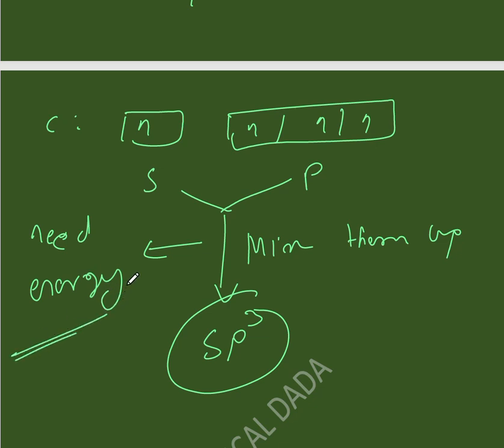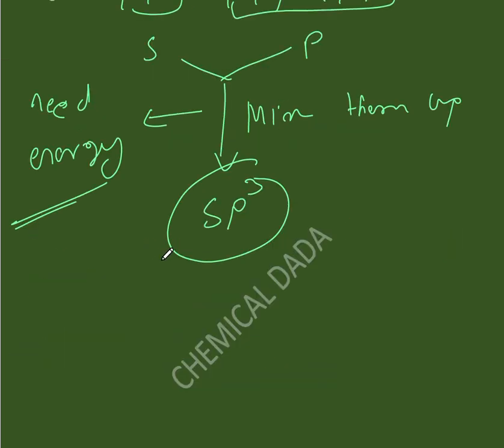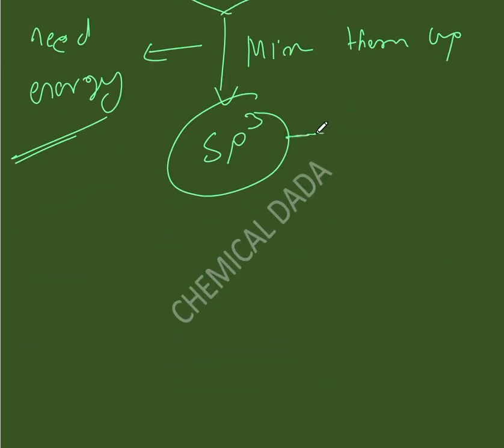Remember, nobody does anything for free. Carbon is spending energy to mix up the orbitals to form the sp3 hybrid orbitals because they form stable and stronger bonds.